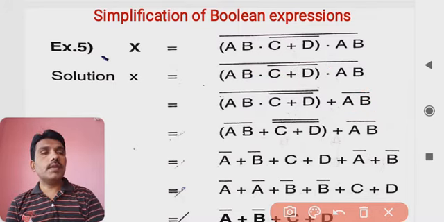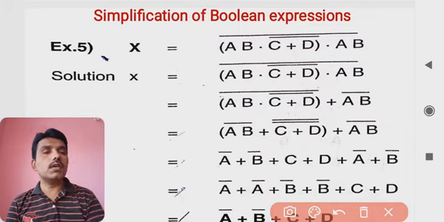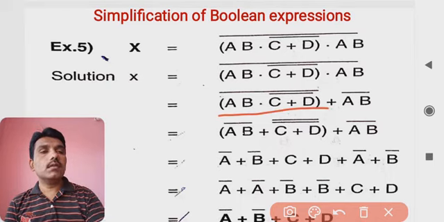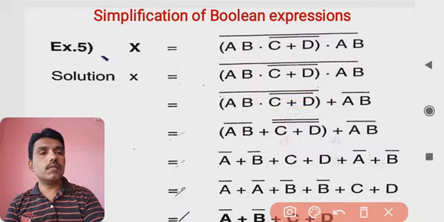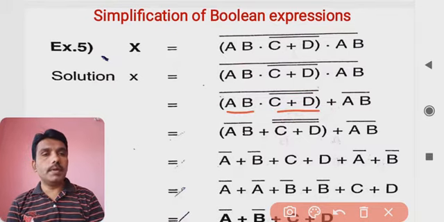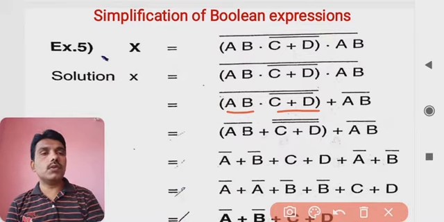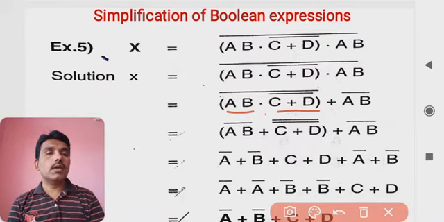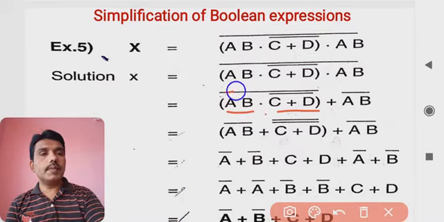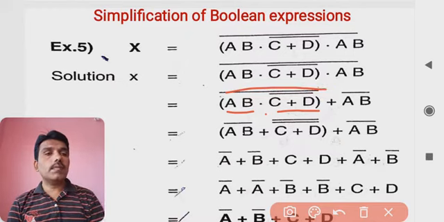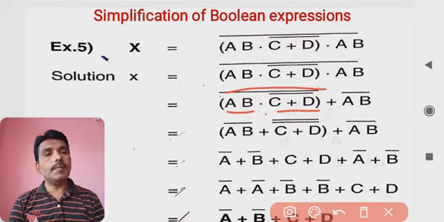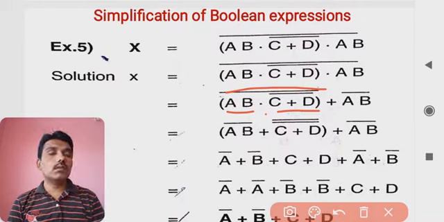Again we can simplify the term AB and C or D complement. These are two terms with a product between them, and the whole thing is complemented. That's why we can use the same De Morgan's law: the complement of a product is equal to the sum of their complements.